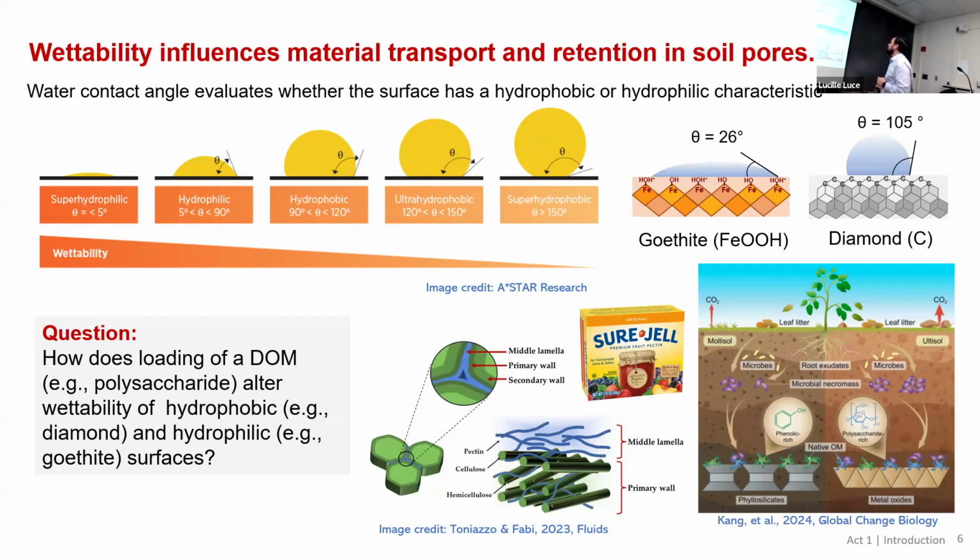Polysaccharide can be found in soil, and it comes from plant cell walls and also microbial necromass. They accumulate at the surface of minerals, specifically on metal oxides. What is interesting is that now I have a model system, so I can see this more fundamentally instead of using an extraction of DOM.